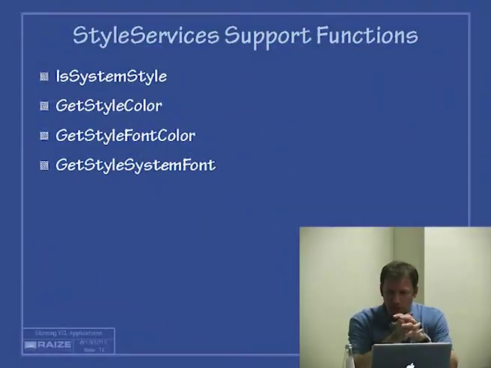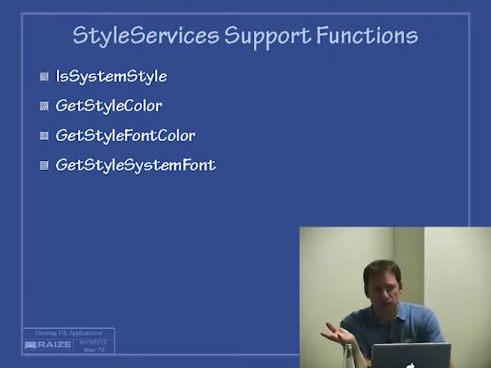The first is called SystemStyle, and it will be true if we are running the Windows style, the regular Vista, Windows 7, XP theme. If that's what's being used, SystemStyle is true. If you're running a VCL style, Aqua Graphite, Golden Graphite, all those other ones, that turns out to be false.